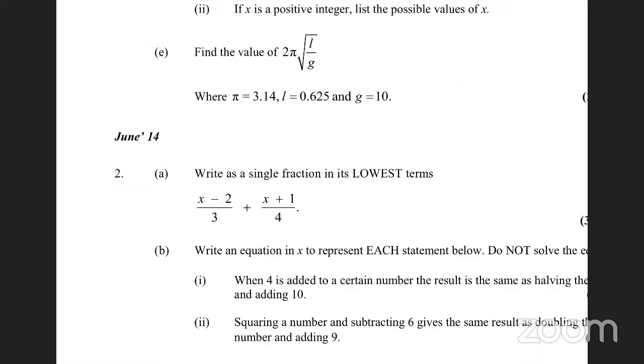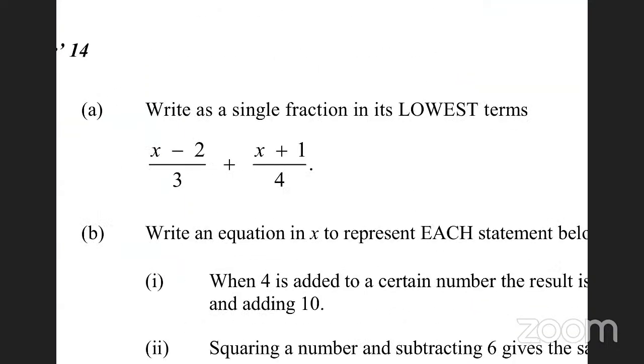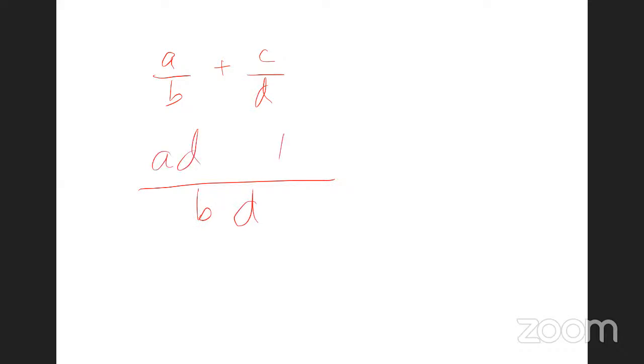So for example, they like to ask us to simplify things like this. What's the rule when simplifying fractions? If I give you A over B plus C over D, how do we turn those two fractions into one? Technically, you find the LCM, so you multiply B by D, then you multiply A by D, B by C, and put a sign in the middle.